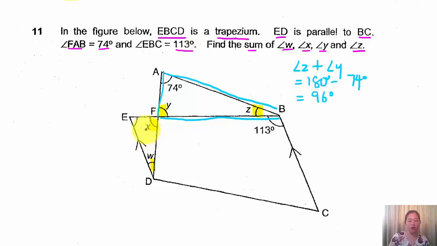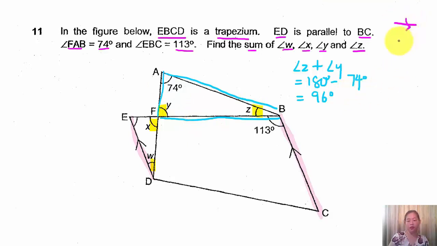Then we need to find X and W, and it's actually not so hard because this is a pair of parallel lines. And we know that when there is a pair of parallel lines, there are some properties that we can use.